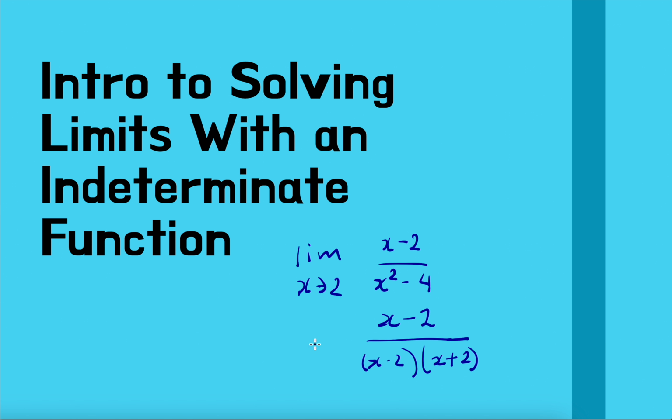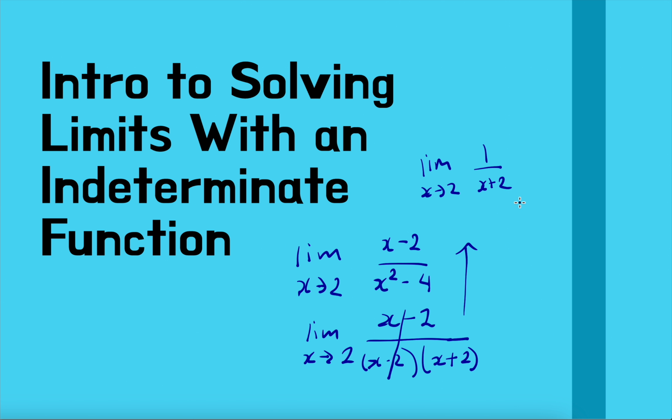And now once you do that, we simply find the limit of this as x approaches 2. And we see that x minus 2 cancels out from the numerator and denominator. And we're left with the limit as x approaches 2 of 1 over x plus 2.